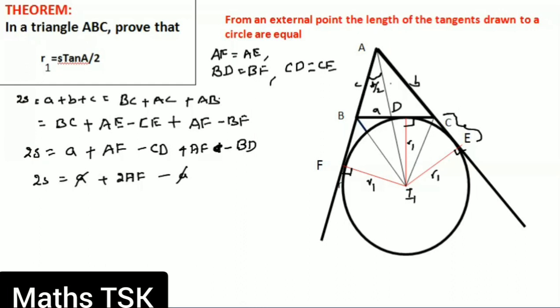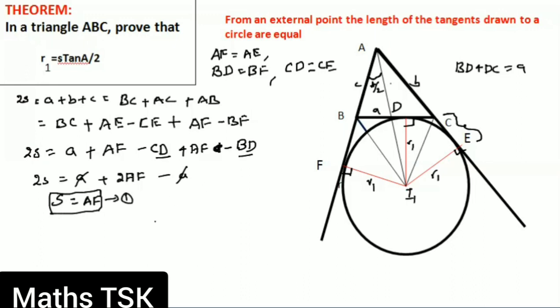Minus BD minus DC is minus A. So the 2 gets cancelled, and I can write S is equal to AF. This thing we arrived at.